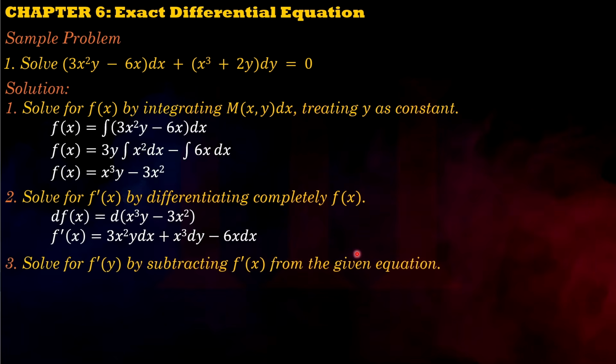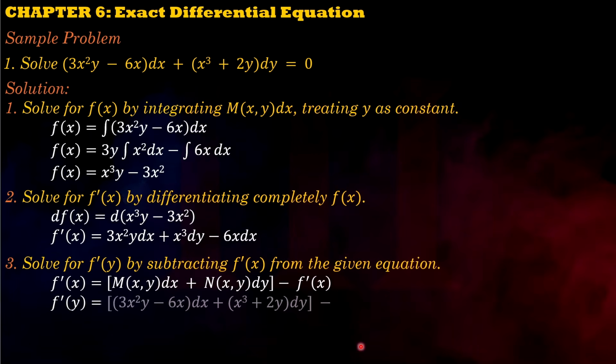Now, the third step would be to solve for f prime of y. How? We have to copy what we have solved in step 2 and subtract it from the original equation. So copying the original equation minus f prime of x, simply copy, then copy. Maybe we need to distribute dx and also dy here, so we could cancel out similar terms.